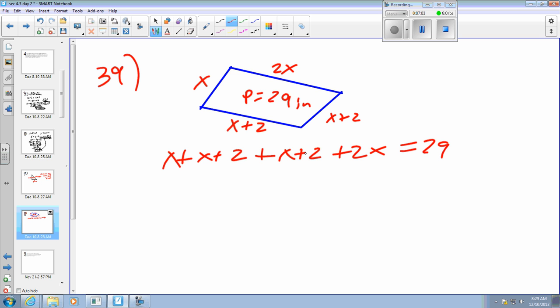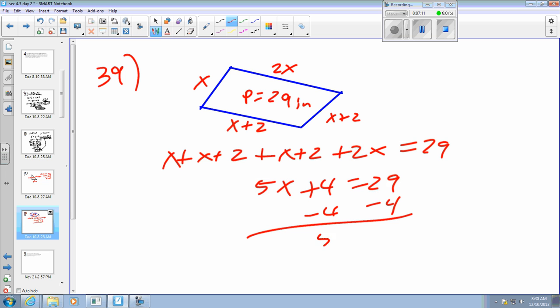And I get x and 2x gives me 5x plus 4 equals 29, minus the 4, 5x equals 25, x must be 5. So I get my side lengths of 5 inches, 10 inches, 7 inches, and 7 inches.